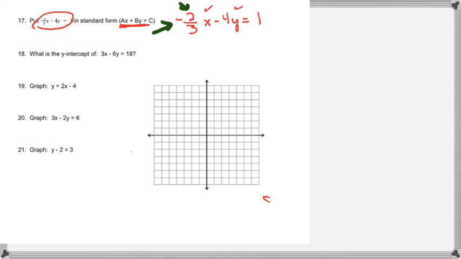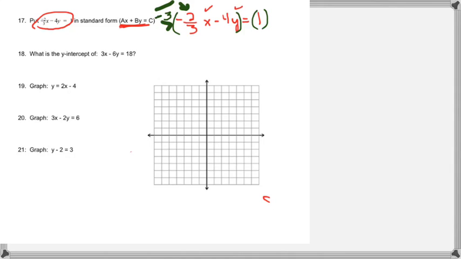So to eliminate that, we're going to take both sides times 3 because that gets rid of the 3 in the denominator. And if we make it a negative 3 that we multiply by, it will get rid of both the negative and the denominator all in one step.